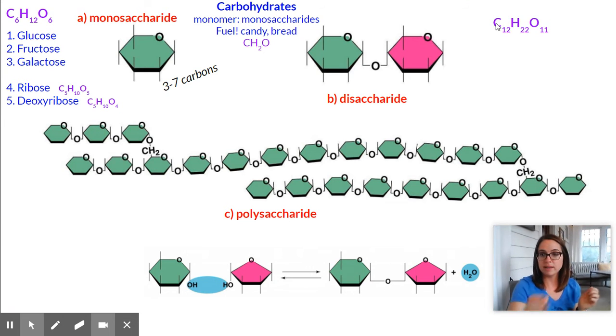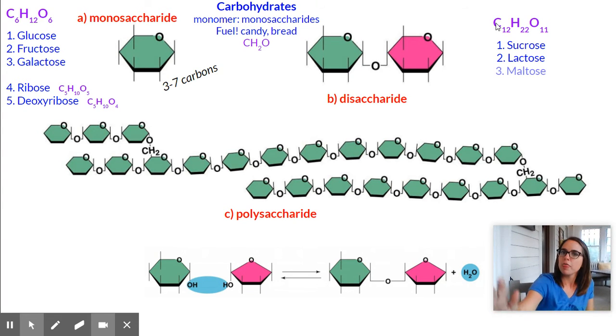Now, some disaccharides. Here's the formula for the disaccharides. And before you get on to me about this formula, I will come back to it later. If you notice, it's not perfect, if you're like, okay, 22 is not double 12. It should be H24, C12. I'll explain why in a minute.